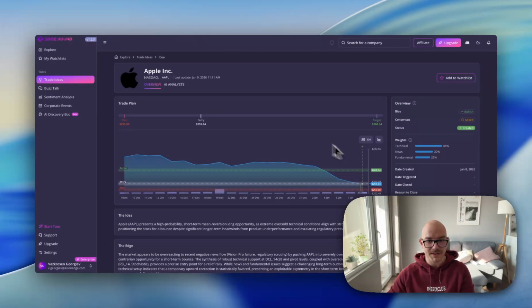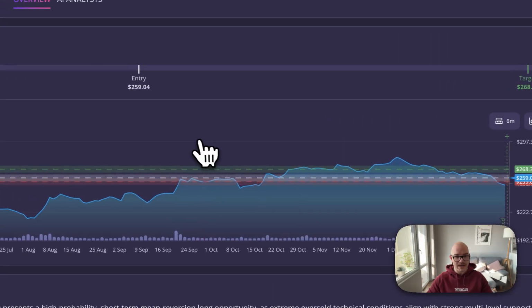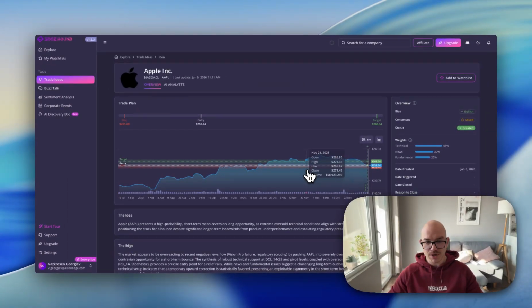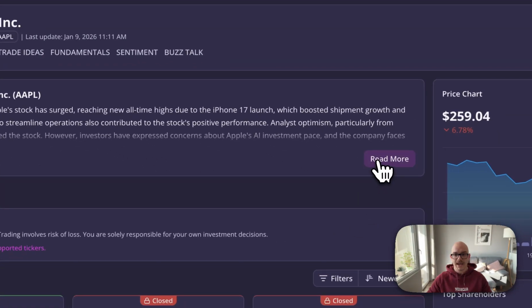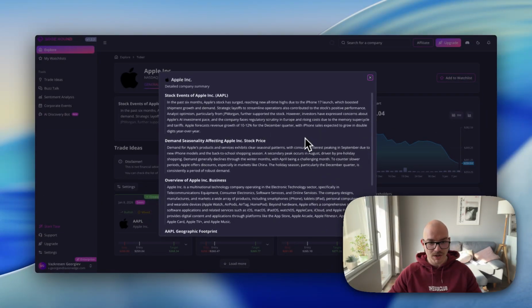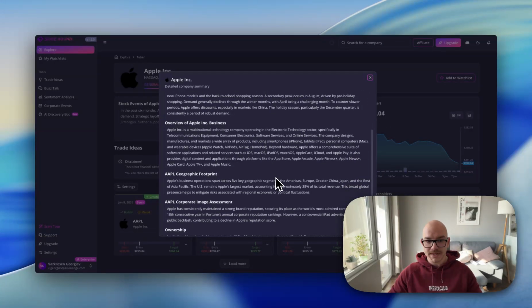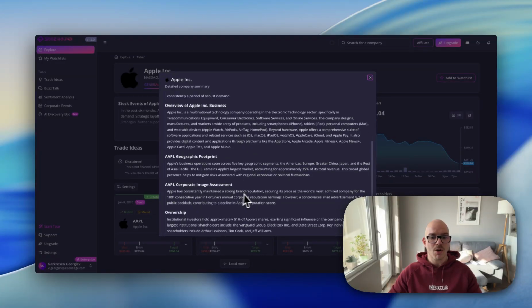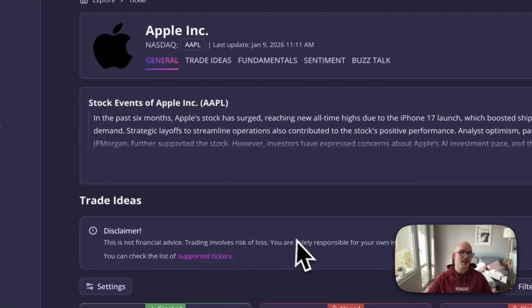So obviously here you have the same graph like in the preview, but on a larger scale, so you can more easily see how the price has fluctuated during this specific time frame. If you click on the company itself, it will open the company page featuring an overview, including most recent stock events, how seasonality has affected the stock price, overview of the business, geographic footprint, corporate image assessment, and so on and so forth.